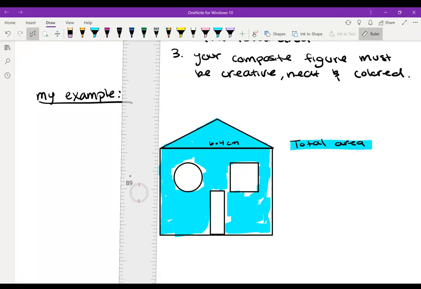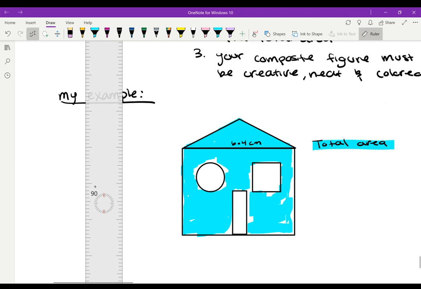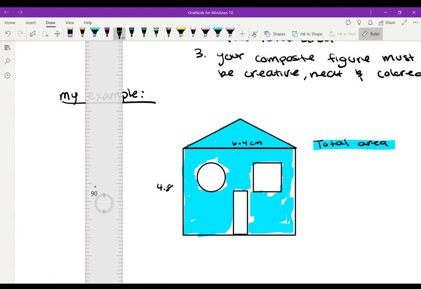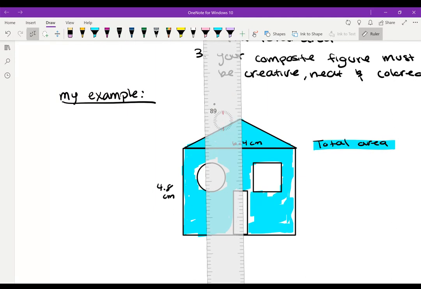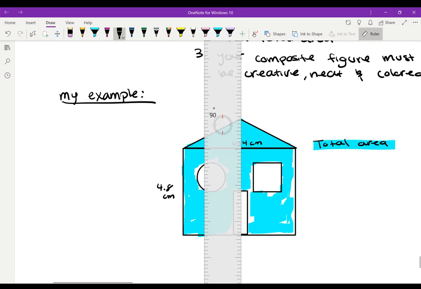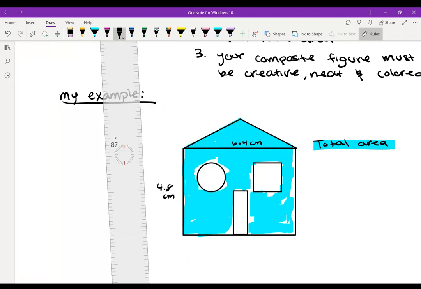Let me try to measure this one. So that's 1, 2, 3, 4, 4.8 centimeters. Okay. Then I need to get the height of this triangle. So it's going to be 1.6 centimeters.